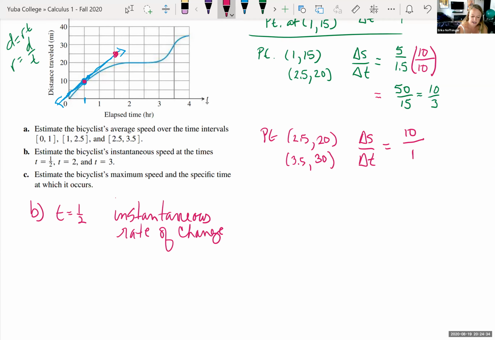So I'm thinking here, I'm rising, so I have to see how much I'm rising. From 10 to 25, I'm rising up 15, all over how much I'm running. I'm going from 0.5 to 1.5, so that's running over 1. So the rate of change by looking at it that way gives us this.